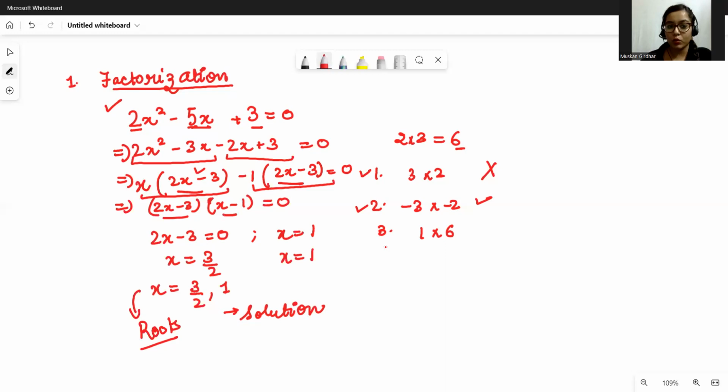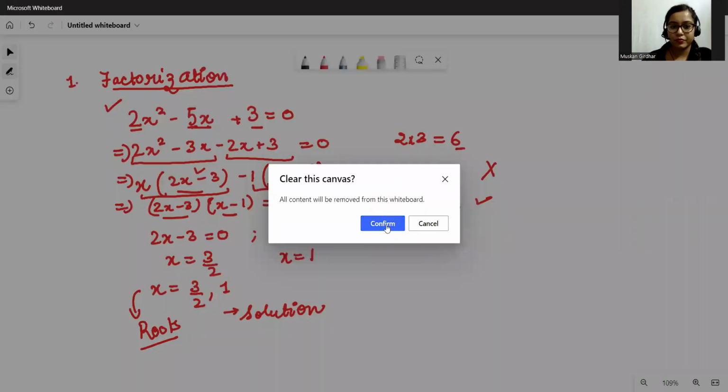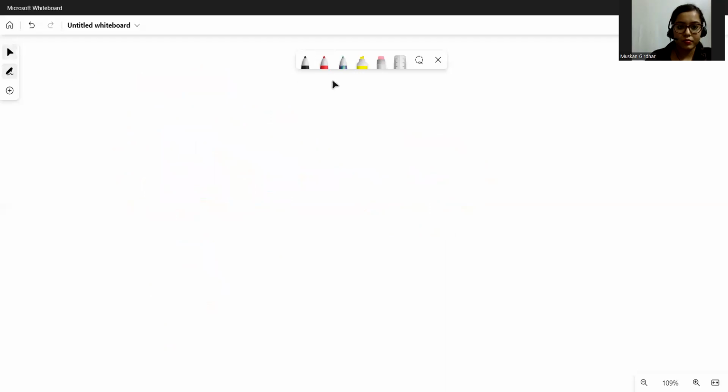So let's try one more question on factorization. My question is x square plus 4x minus 5 equals 0. My first step is to multiply the coefficient of x square, that is 1, and the constant term minus 5, so I get minus 5.